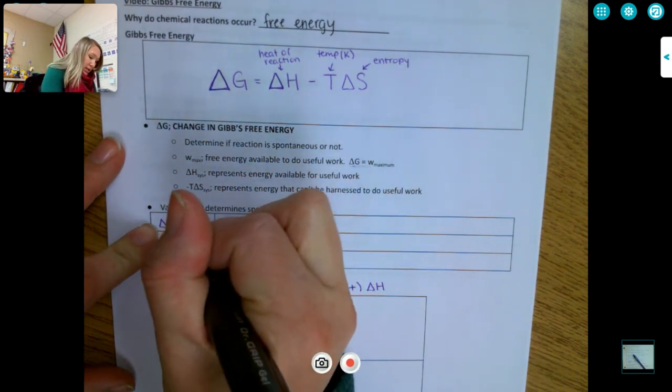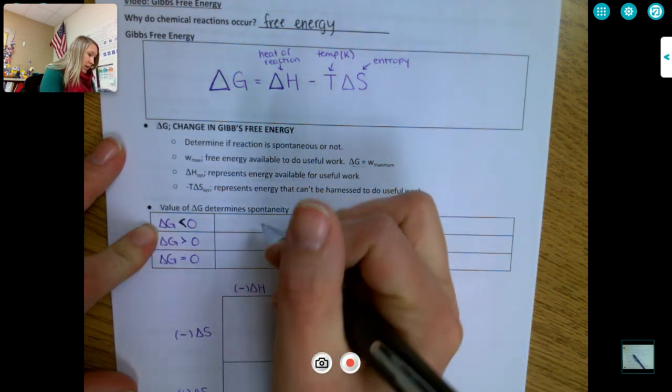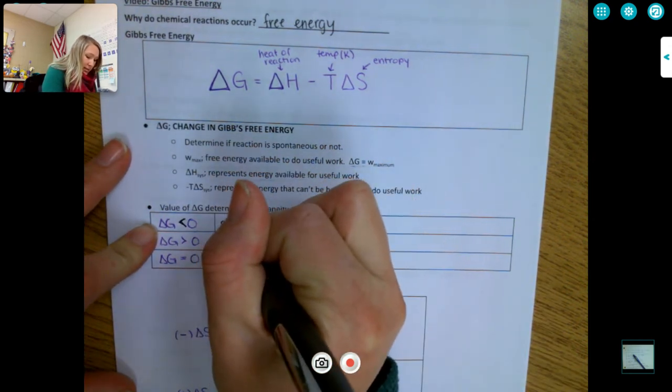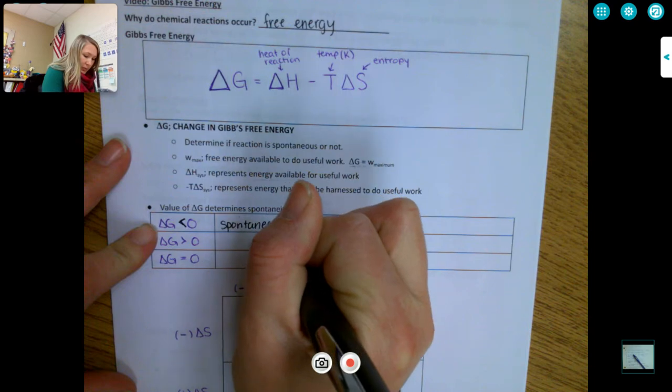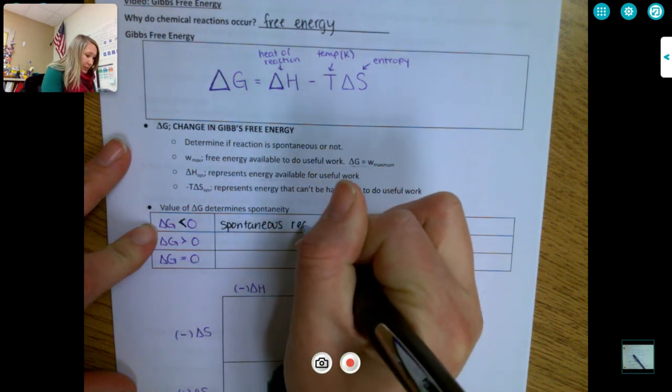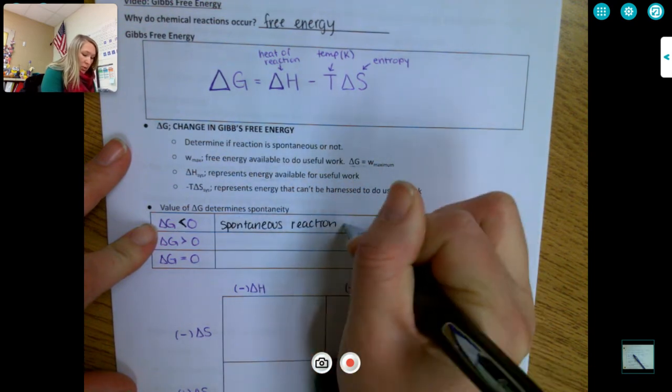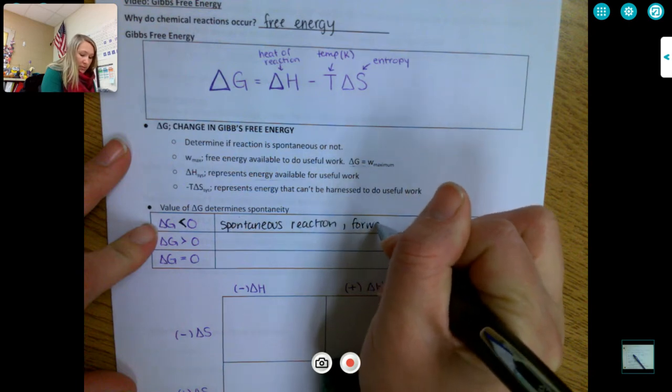So if we have our delta G, we say that determines spontaneity. Well, if our delta G is less than 0, that is a spontaneous reaction, and it moves in the forward direction.